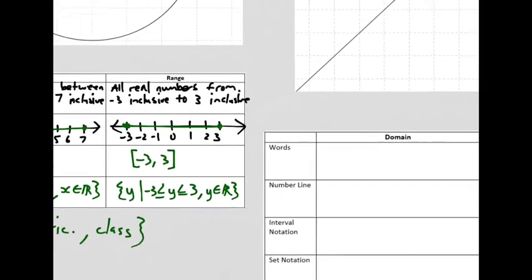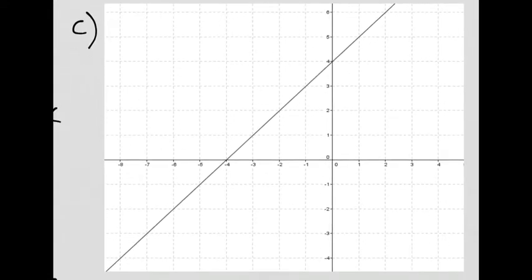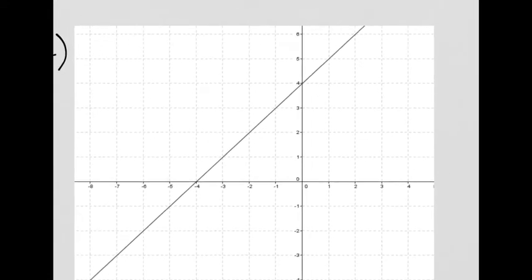Alright. I want you to try this last one on your own. You'll notice in your paper here that we've got arrows on the end here. They're not on my diagram, but they're on yours.